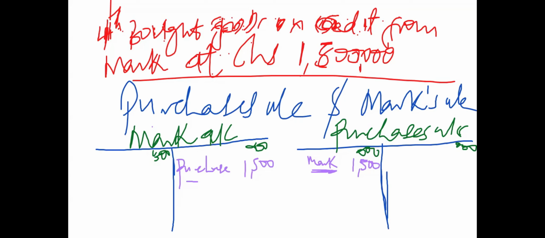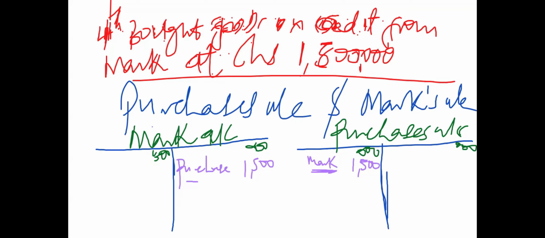That is for nominal accounts. Purchases fall under nominal accounts. And with the rule for nominal accounts, we debit all purchases, we debit all expenses and losses, and then we credit incomes and gains. That's why we are debiting the purchases account, on the same date, in the name of Mark, with the same amount of 1.5.